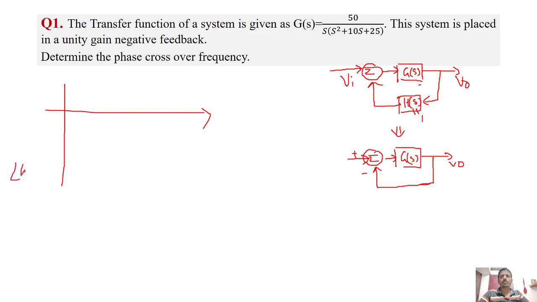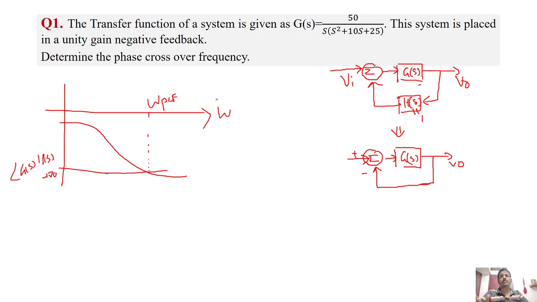So the angle of G of s into H of s starts with some value, and the frequency at which this angle crosses minus 180 degrees is the phase crossover frequency. We will denote it as omega PCF. So this is the phase crossover frequency.